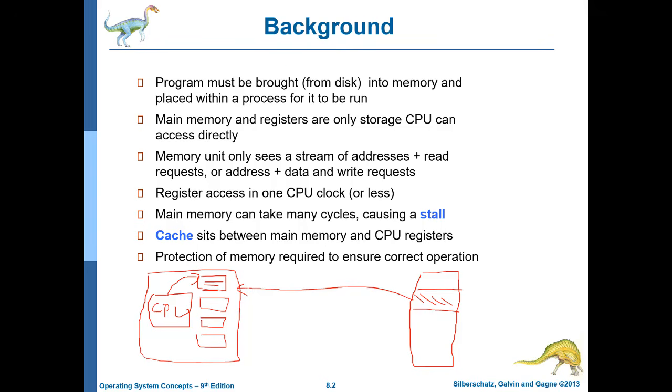To actually reduce that, what we have is that between the CPU and the memory, we have something we call cache, so cache memory. Why is cache memory useful? So we have this cache, C-A-C-H-E.